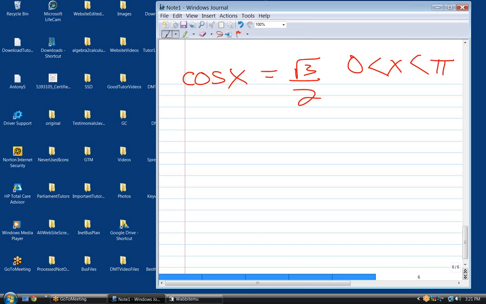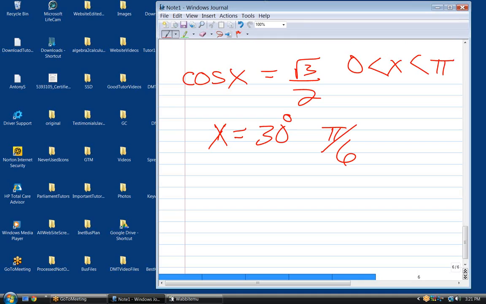So it's in either the first or second quadrant. And it's going to be 30 degrees again, or pi over 6. That would be the first quadrant answer.